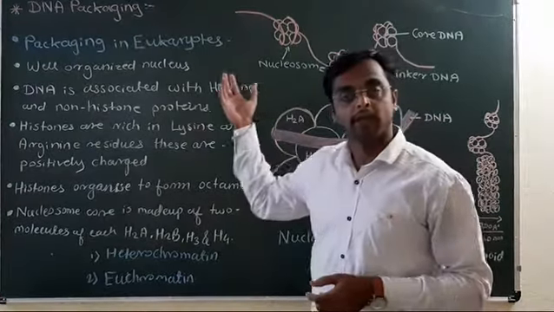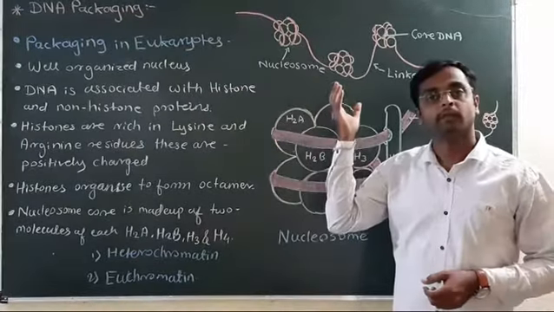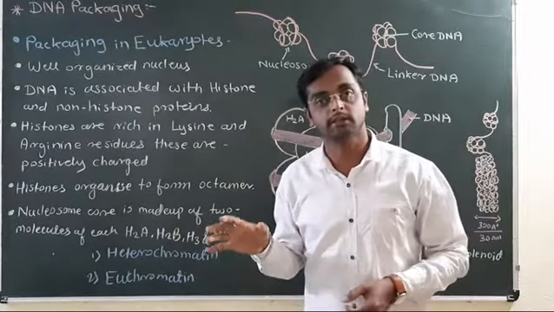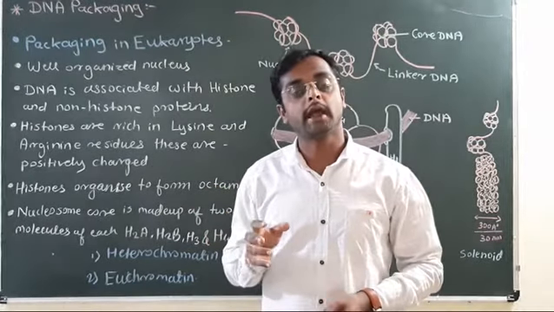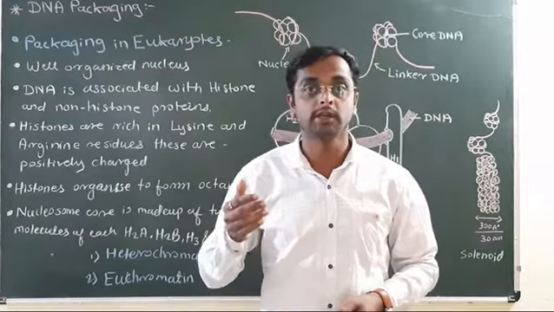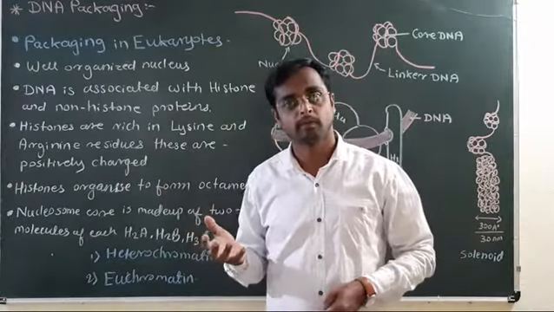At the time of prophase or interphase, some of this chromatin remains in the condensed state, and such condensed state is generally present near the centromere and near the telomere of the chromosome, which stains dark after staining.